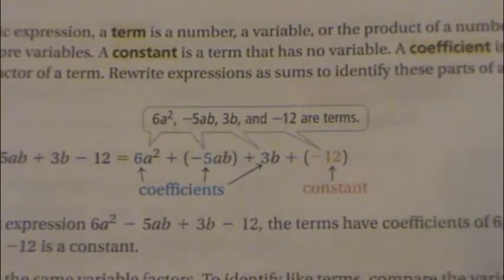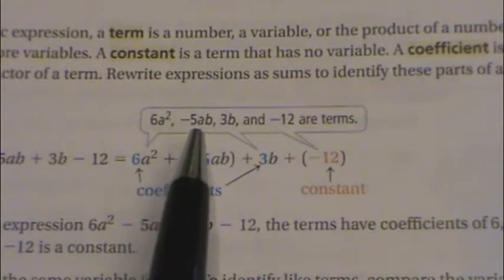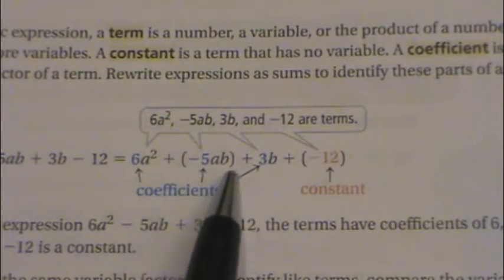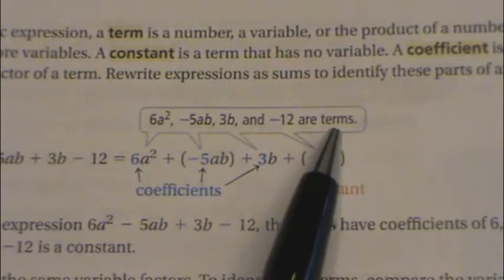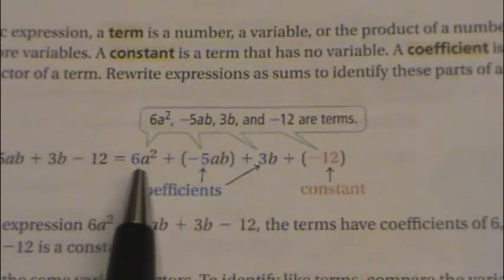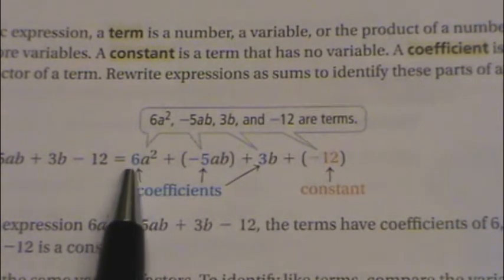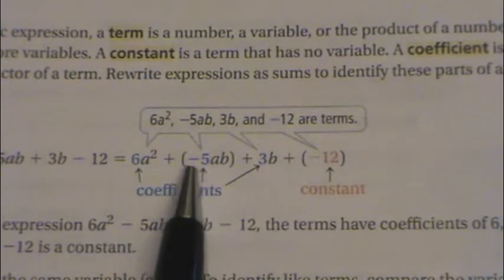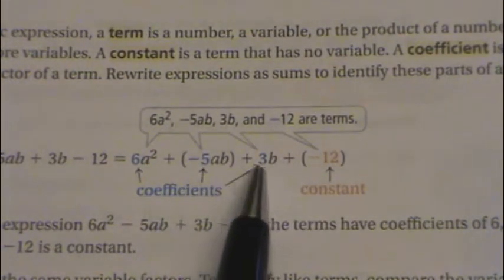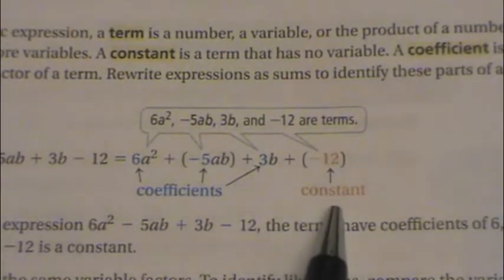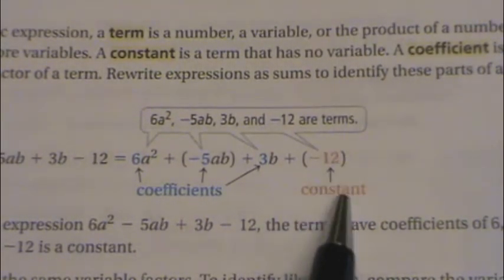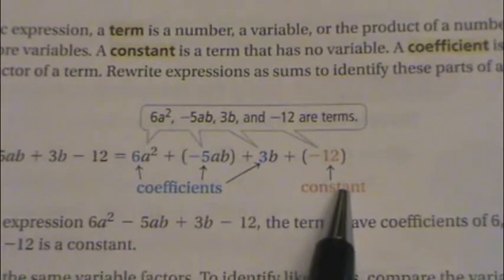They show you 6a squared, -5ab, 3b, and -12 are all terms. They are all terms. 6 is a coefficient. That's the number in front of a variable. -5 is a coefficient. 3 is a coefficient. -12 is a constant. It has no variable. It doesn't change. Therefore, it is constant.